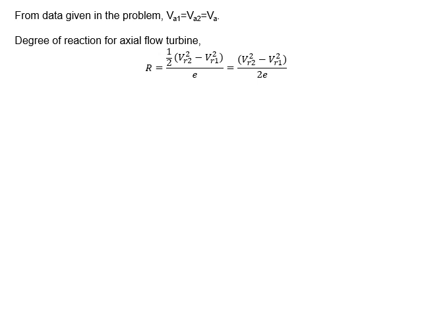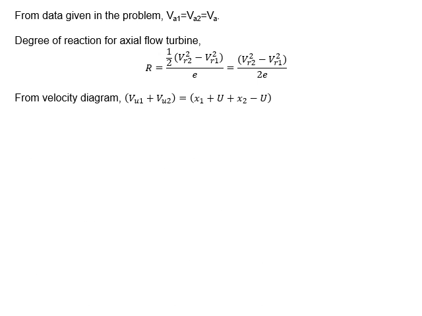Because in this axial flow turbomachine the blade velocity at inlet equals the blade velocity at exit, the static head expression is taken as only half into (VR2 square minus VR1 square), and total head is given by E. So that 1 by 2 goes to the numerator, and that 2 is taken to the denominator. Because of that, the degree of reaction R equals (VR2 square minus VR1 square) by 2E.